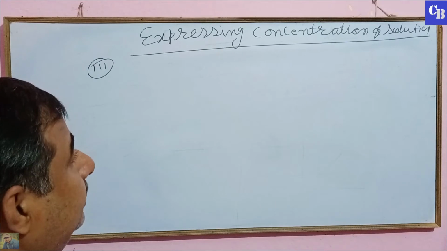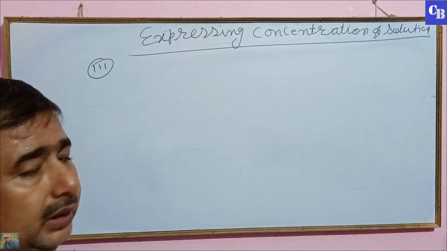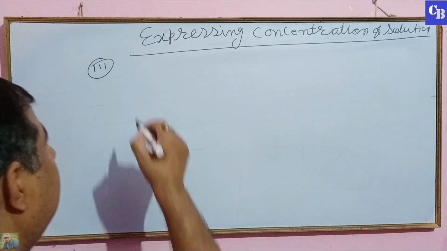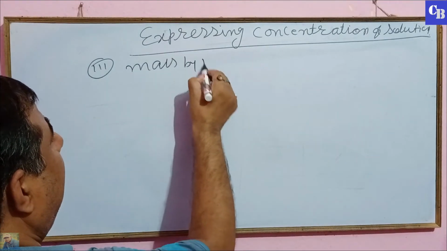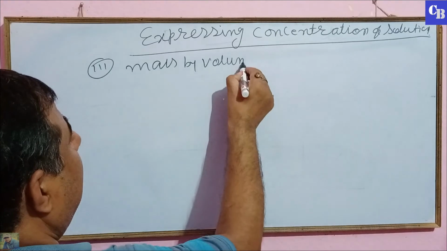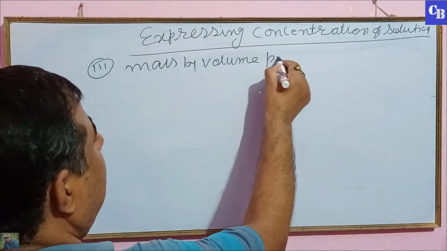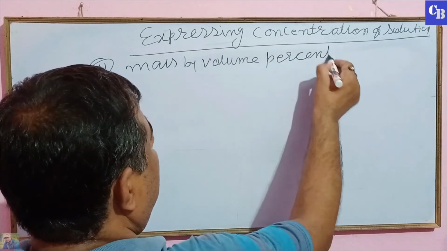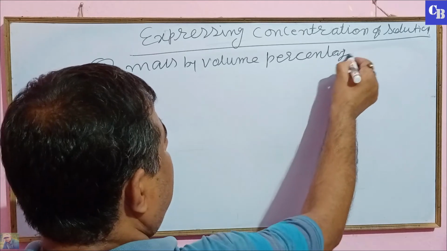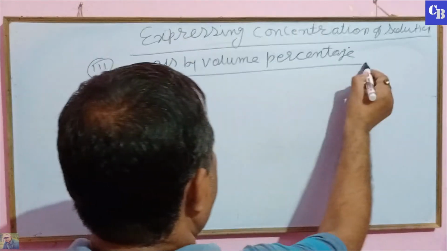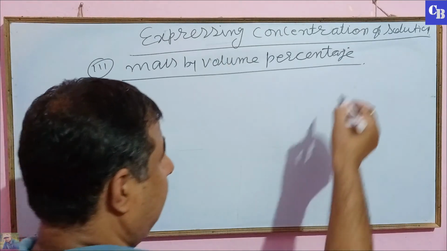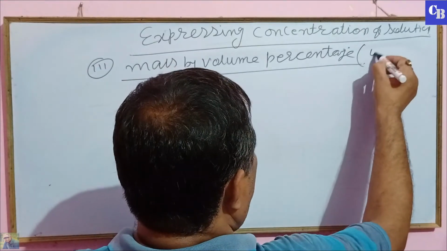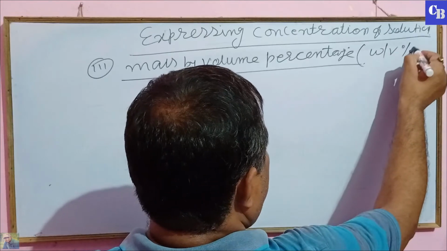Third method for expressing the concentration of solution is mass by volume percentage. Mass by volume percentage is called W by V percentage.